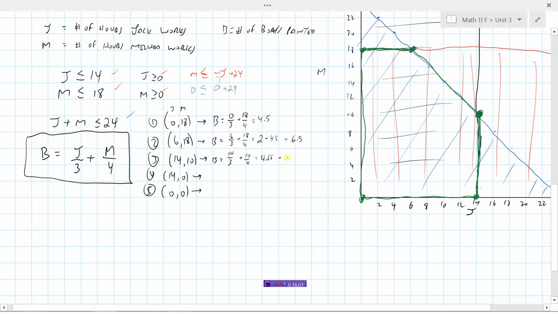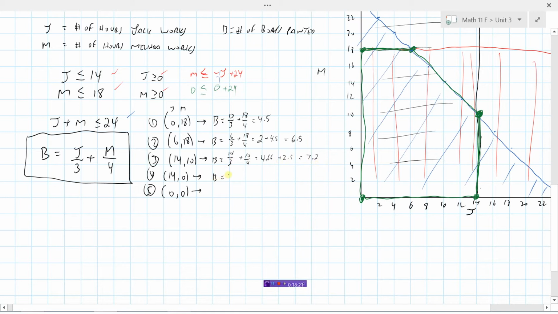And 10 divided by 4 would be 2.5. So here they would get about 7.2 boats done. So 7 boats, especially if they combine forces on the last boat there. So 7 and a bit done.